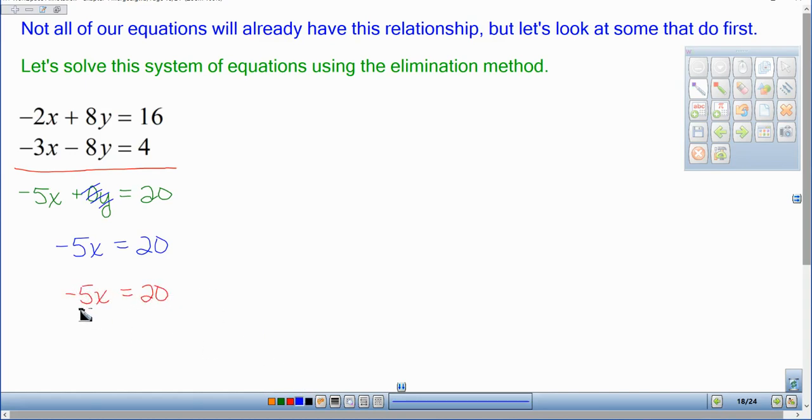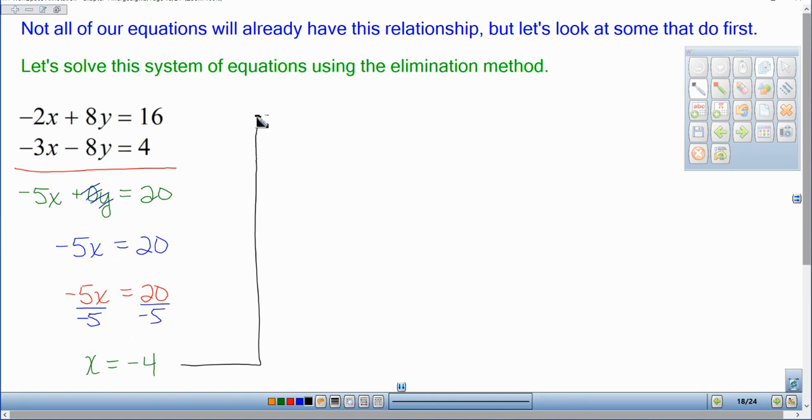To get x by itself, divide by negative 5, and we will have discovered that x equals negative 4. Now that I know my x value, I'm going to pick one of these equations, whichever one I think looks easier to use, and I'm going to substitute negative 4 in for the x.